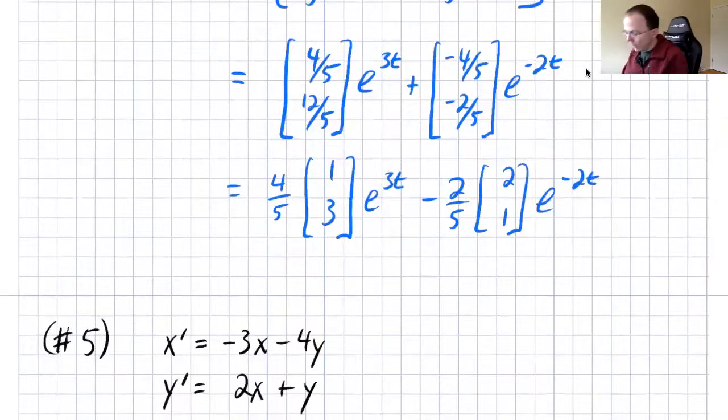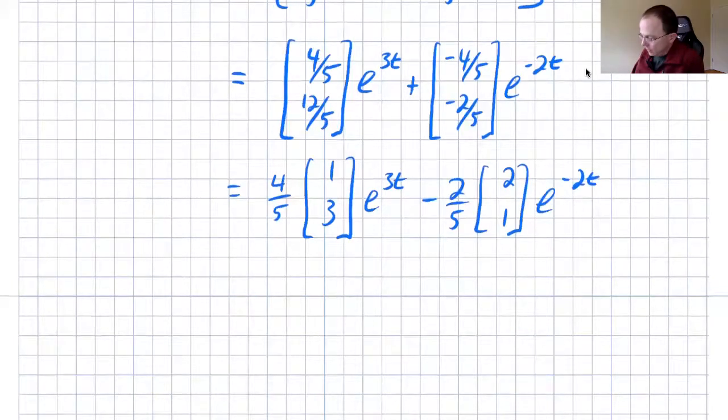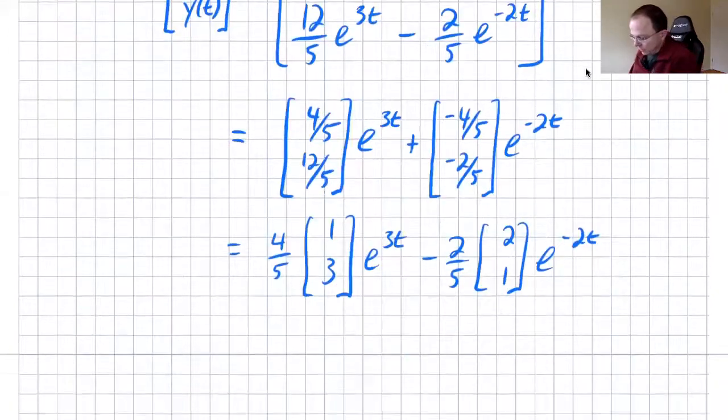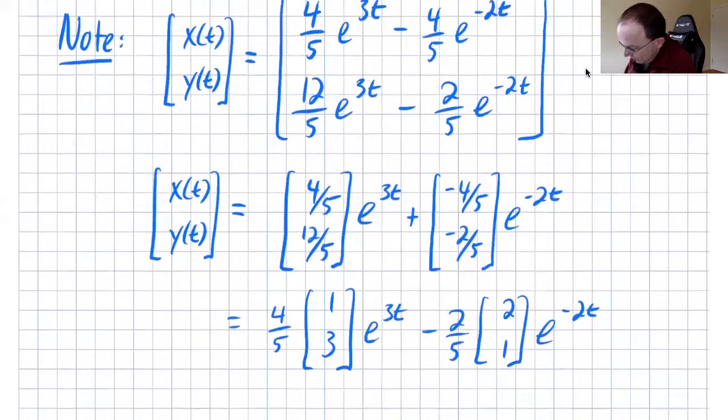Okay, so now I want to show you something kind of cool, giving you a bit of a preview of where linear algebra shows up here. So this is another way to write our solution in vector form.